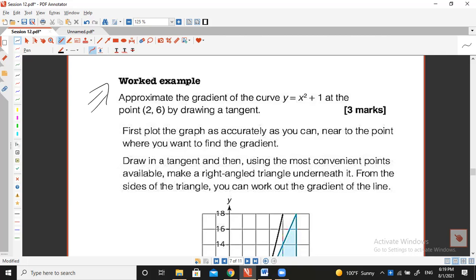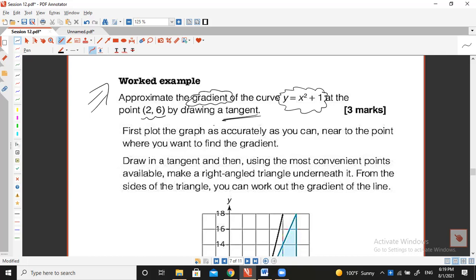Here you have a curve, which is y equals x squared plus 1. It says find the gradient at the point (2, 6) by drawing a tangent.